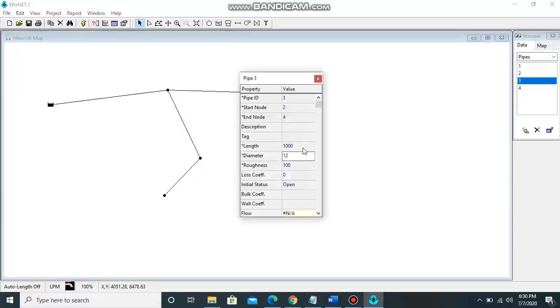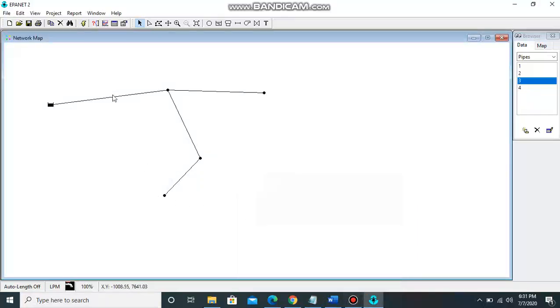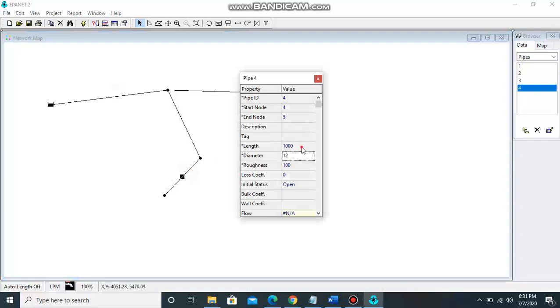Then pipe 3, input 1050, say 300 again. Then the last one, say 550, 200.